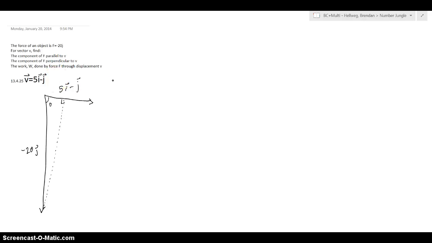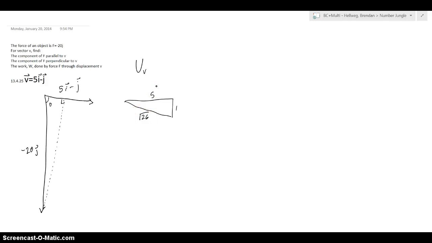So the first step is to find the unit vector of V. It's easiest for me to think of this like a triangle. I have the hypotenuse, and I have a length of 5 and a length of 1. So I can tell pretty simply 5 squared plus 1 squared, the square root of all of that, is going to be the square root of 26.